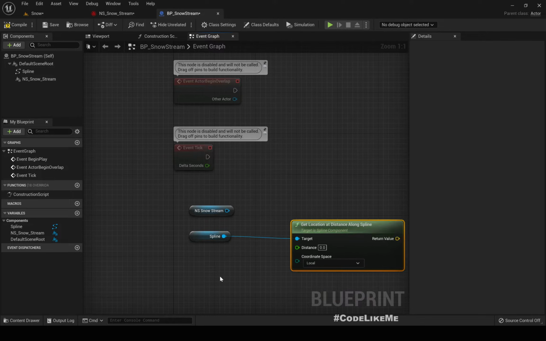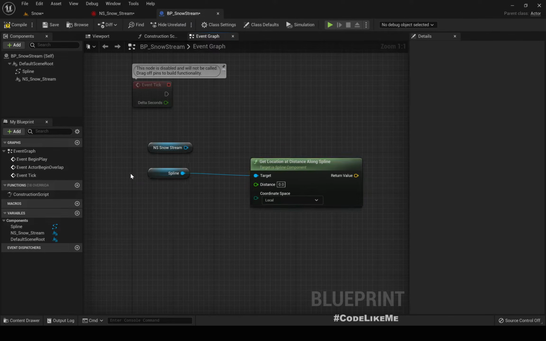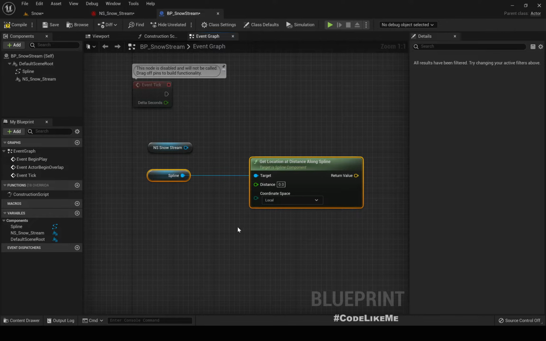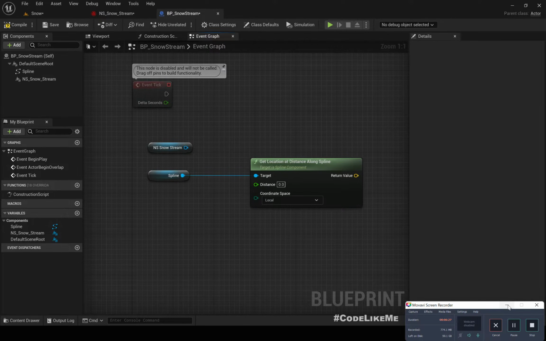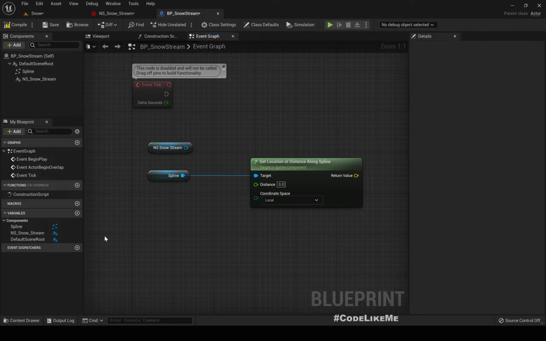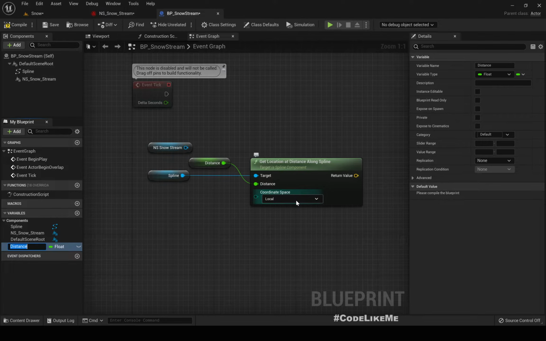Right, now here again we need to know the length of the spline. Right, so let's add a variable. No, let's promote this to a variable, spline distance.